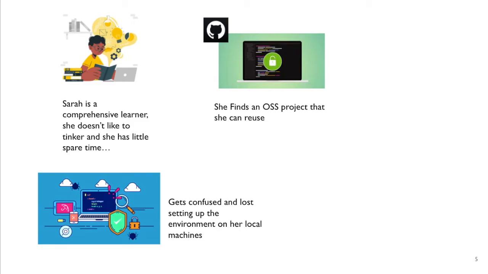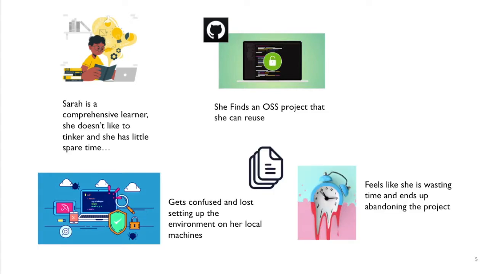So to do that, she starts going through the project and trying to set up the environment on her local machine. However, she gets confused and lost in setting up the environment. She looks at the different documentations and she looks throughout the project, but she ends up feeling like she is wasting time and ends up abandoning the project.